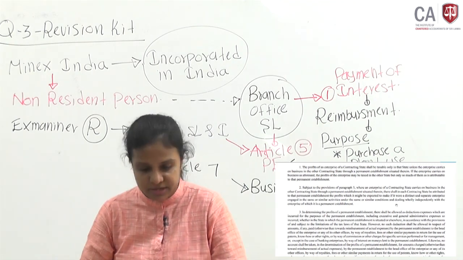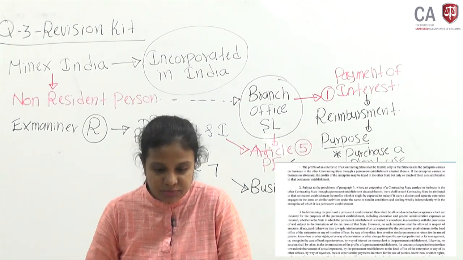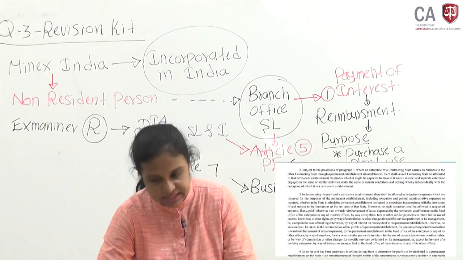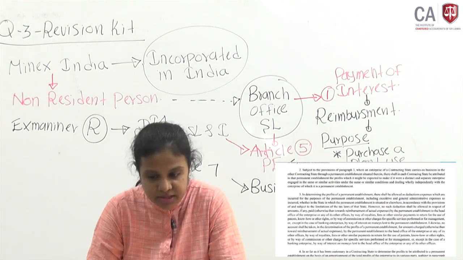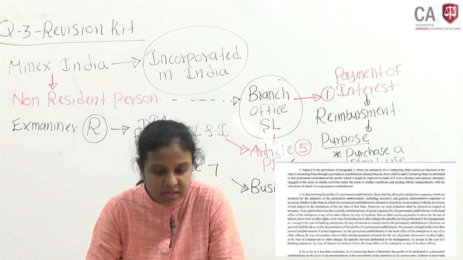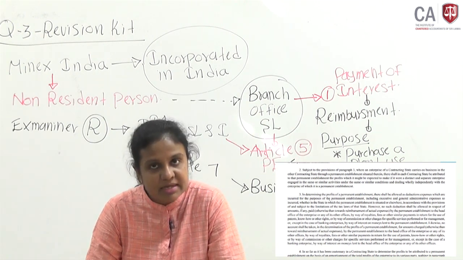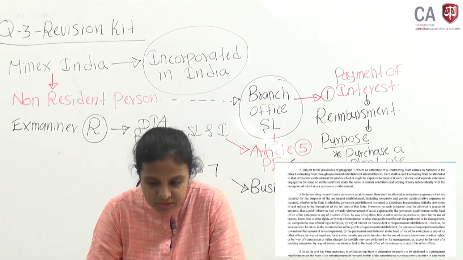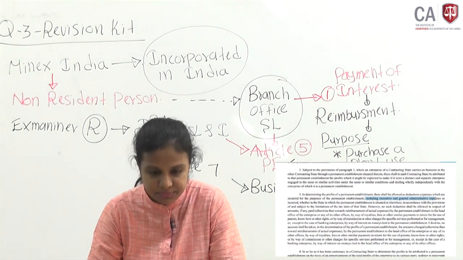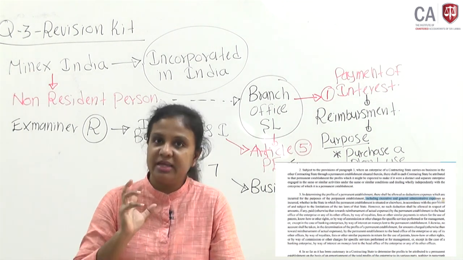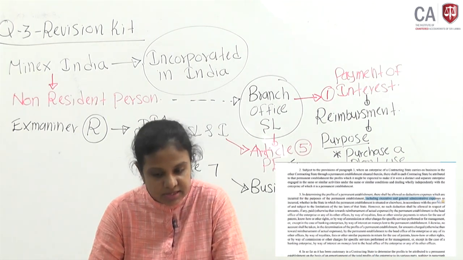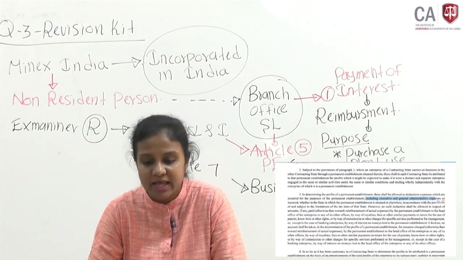Now come to paragraph 3 of the business profits article. In determining the profit of a permanent establishment, there shall be allowed as deductions expenses which are incurred for the purpose of the permanent establishment, including executive and general administrative expenses. So it should be actually incurred, whether in the state in which the permanent establishment is situated or elsewhere.